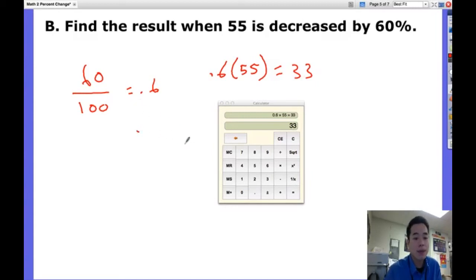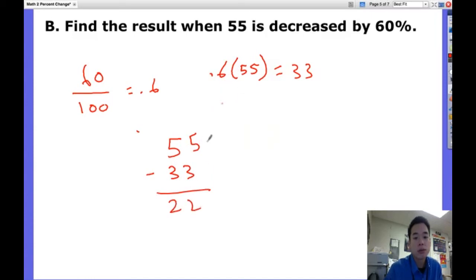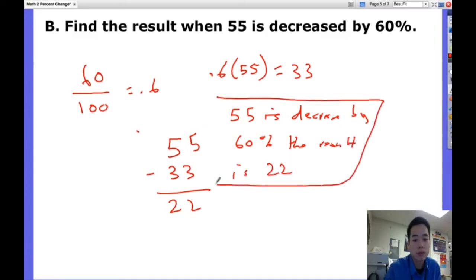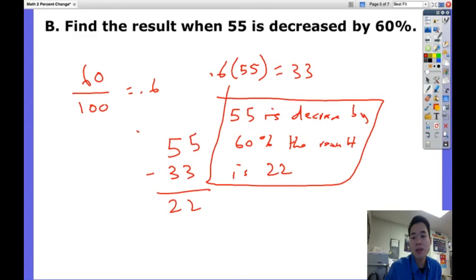So I take 55 minus 33, and I get 22. So the final answer here is when 55 is decreased by 60%, the result is 22. So when you find an increase, you add, and when you find a decrease, you're subtracting. And that's how you find a decrease or increase.